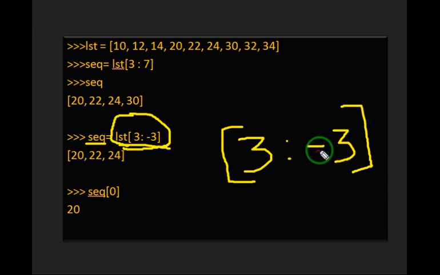So when I write minus 3 over here, what will be the output? As I have already told you, whenever you write a negative index, it will add the length of the list to it and a new index number will be generated. The length of LST is 1 2 3 4 5 6 7 8 9, so the length of the list LST is 9.